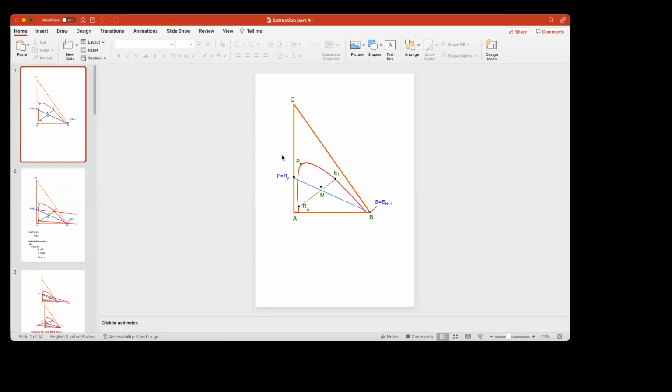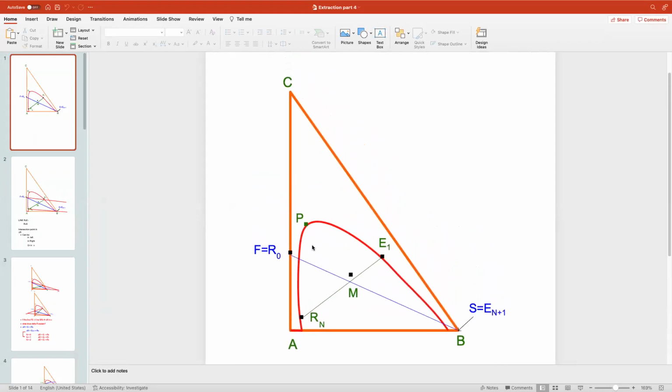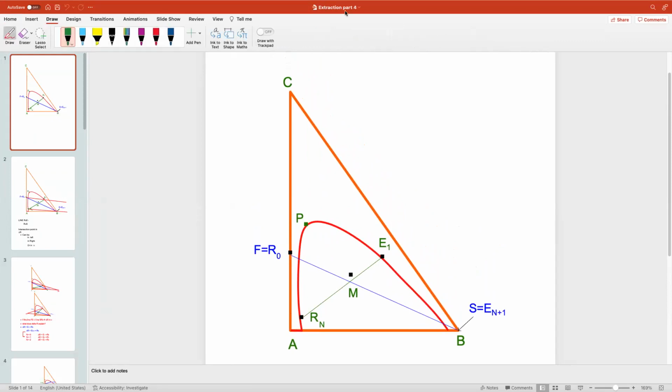Okay, yeah, so I'm just going to write this one again. You have stage 1, you have the feed, which can be written as R0, and then here you have E1.